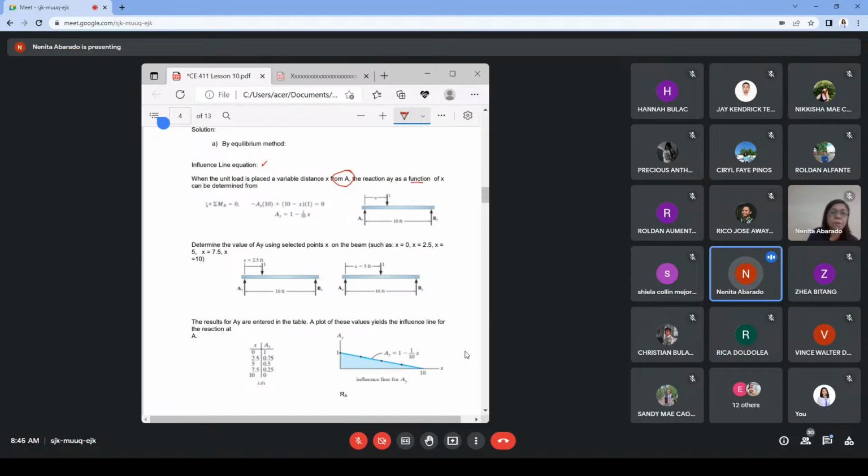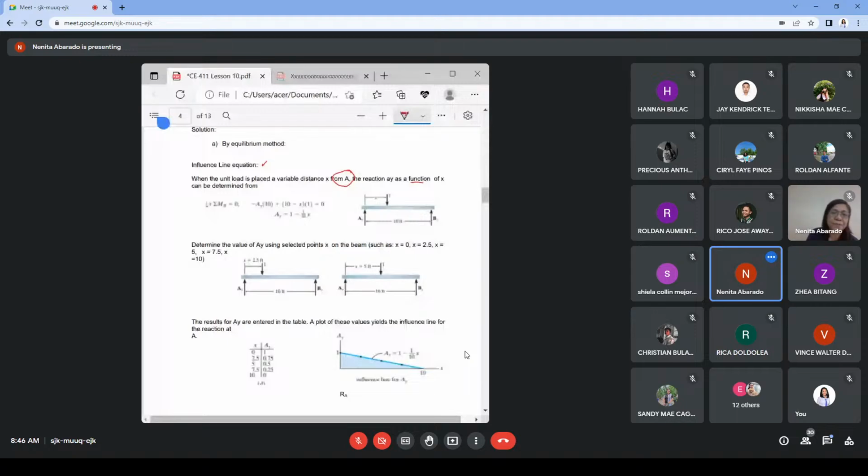So we are going to construct first the influence line of the reaction at A. Let's say this is point A. Looking at the free body diagram, we have the reactions AY and BY, which means this is simply supported.